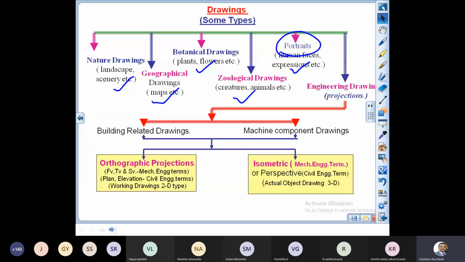What is orthographic and what is isometric? See here, it is given FV, TV, SV. What are all these?